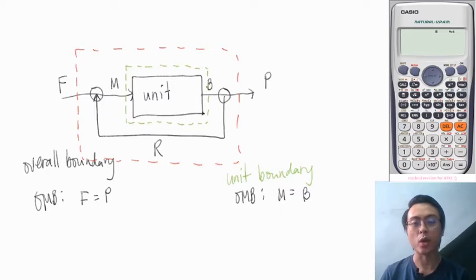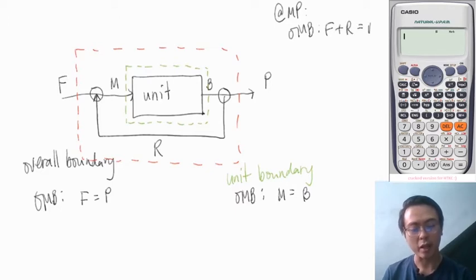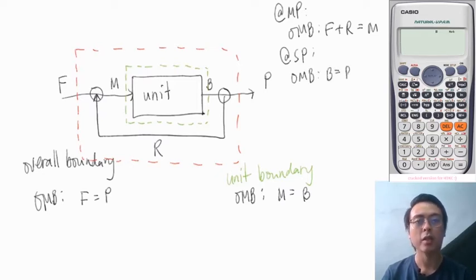So you might be asking, where is the recycle stream in this? Well, the recycle stream on your unit boundary would also come from the OMB from the mixing point and the splitting point. To recall, at the mixing point, our OMB is F plus R equals M, and at the splitting point, our OMB is B is equal to R plus P. So as you can see, you can substitute both OMBs from the mixing point and the splitting points back to your unit boundary or to your OMB for the unit boundary.